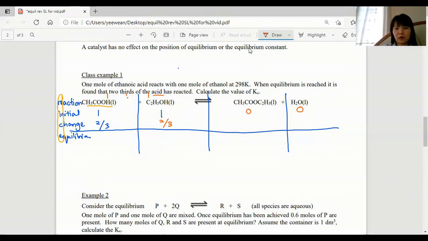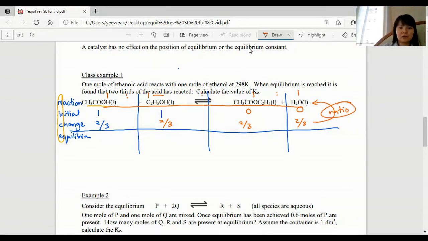And it's going to form 2/3 moles of ester and 2/3 moles of water. How do I know that? Because it's 1:1:1:1 according to the equation here. So this change, the ratio must follow your equation.